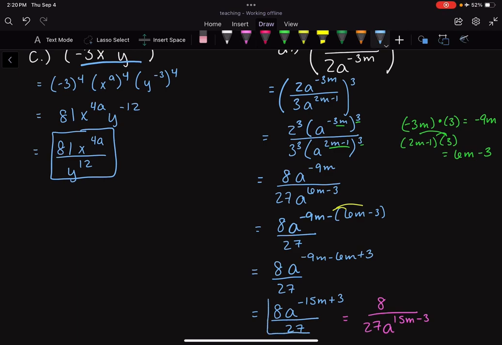I think either of these would be an appropriate answer if I'm your grader, because neither of them are really much better than the other. I guess maybe I like the positive 15m a little bit more, but it's okay.